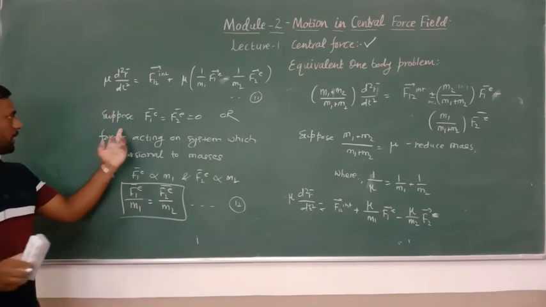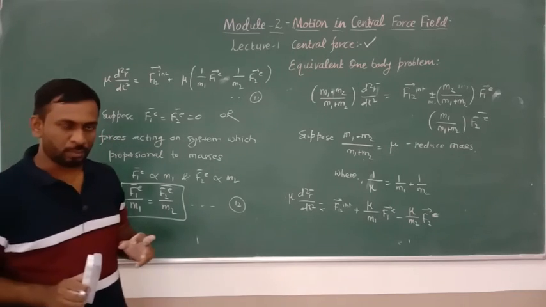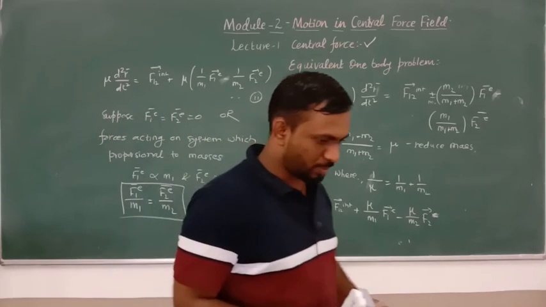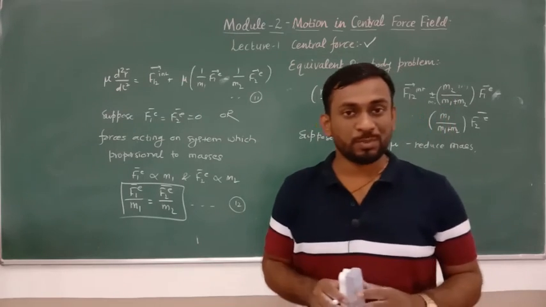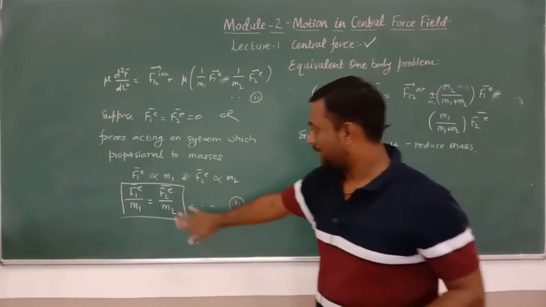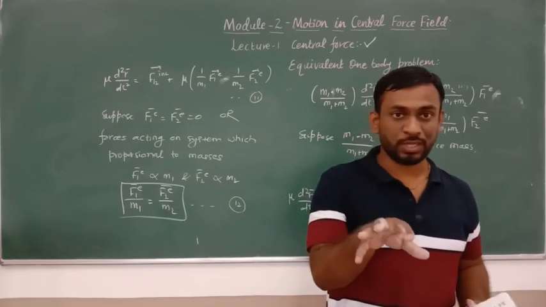So the forces acting on the system of particles, let's say F1 and F2, are such that they produce the acceleration, and these forces are proportional to the masses.